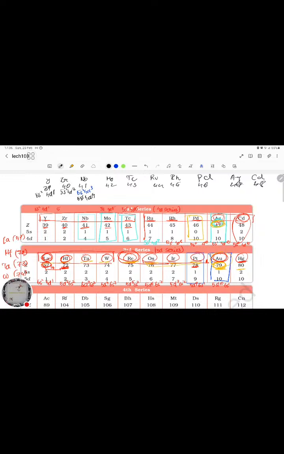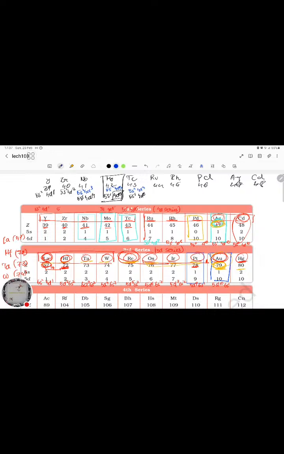So that's the first exception, niobium. Molybdenum is expected to have 5s2 4d4, but it turns out to have 5s1 4d5. But this is fine because it is trying to obtain a half filled configuration. But surprisingly, in the next case, it must have 5s2 4d5, but it turns out to have 5s1 4d6, and this is actually surprising.